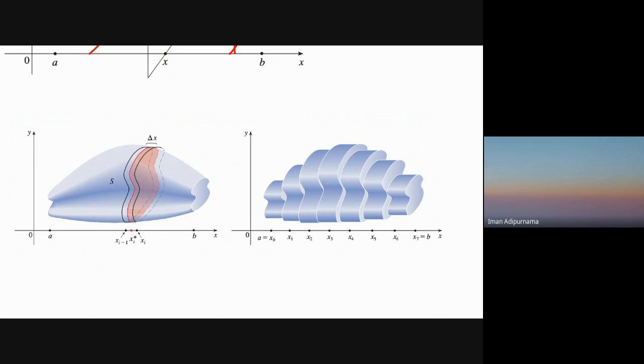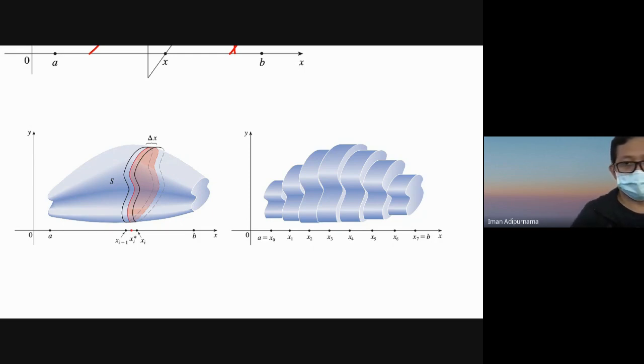So we have a delta x here, and this is similar to our rectangle, but it has a solid structure like that. If we divide and take several n, we will have a lot of slices, from A to B, and we can also approach this with the limit as n approaches infinity.